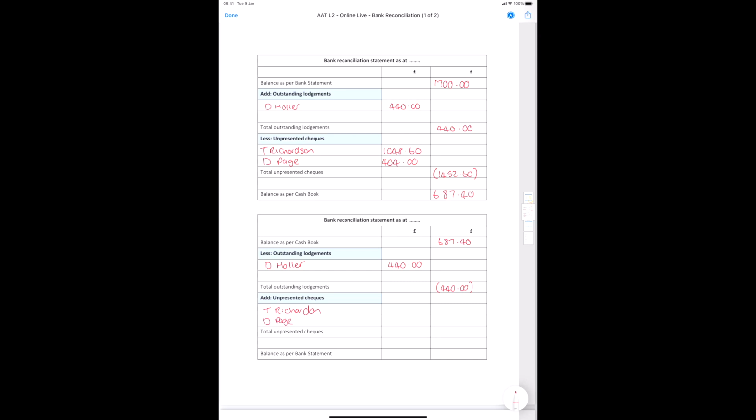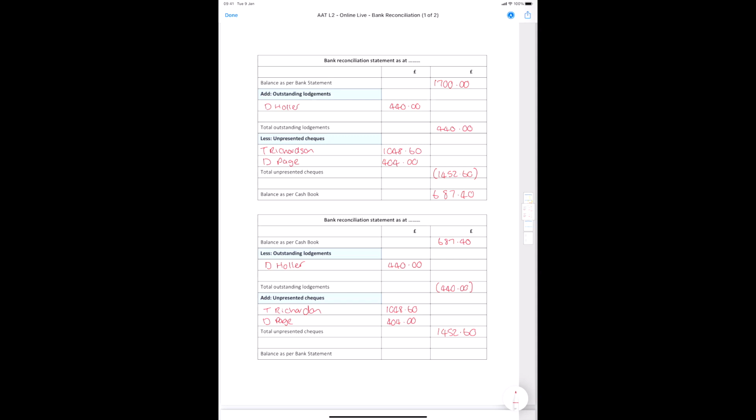Okay, it's for £1,048.60 and £404. Okay, it gives us a subtotal of £1,452.60.